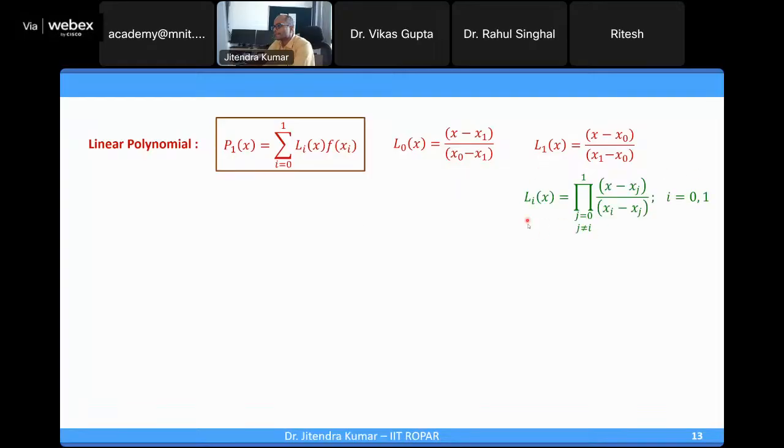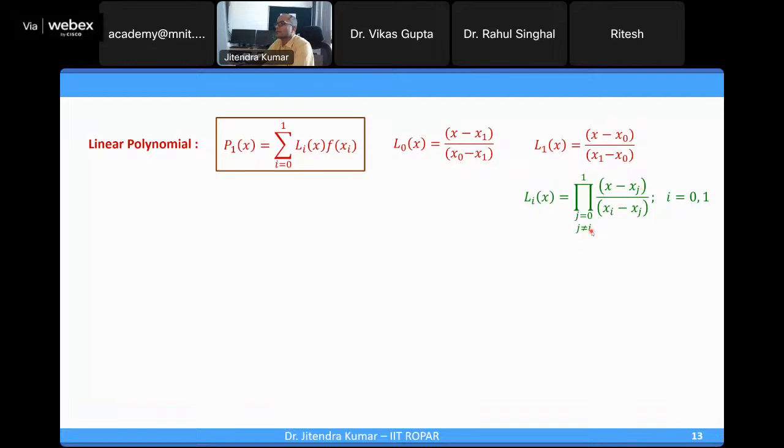So this Li(x), in this particular case where we are talking about just a first degree polynomial, is written in this way. Though there is no product as such here, since we are going to generalize this and I want to quickly wind up this part: take j equal to 0, so you put j equal to 0 and you get the first one.